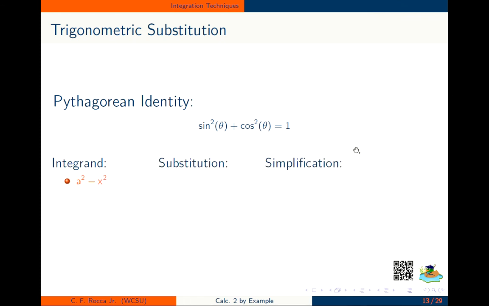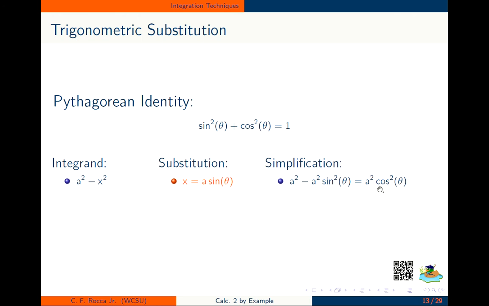So in general, if I have a piece of my integrand that looks like a squared minus x squared, so a is a constant and x is a variable, then my substitution will be x equals a sine theta, and we can then simplify this by saying a squared minus a squared sine squared theta is a squared cosine squared theta. So the x gets replaced with a sine theta, and then when we simplify the a squared minus x squared, it becomes a perfect square.